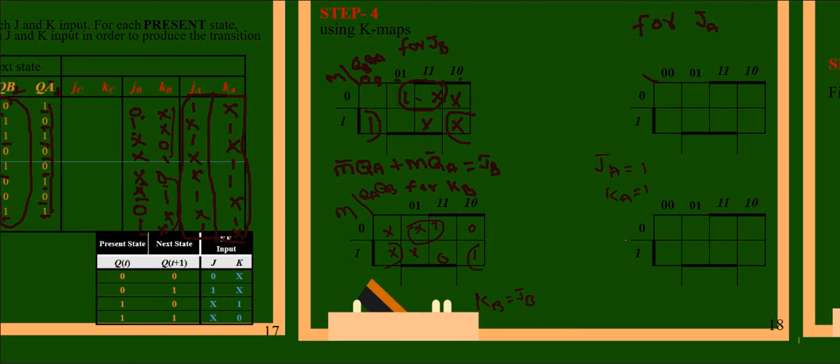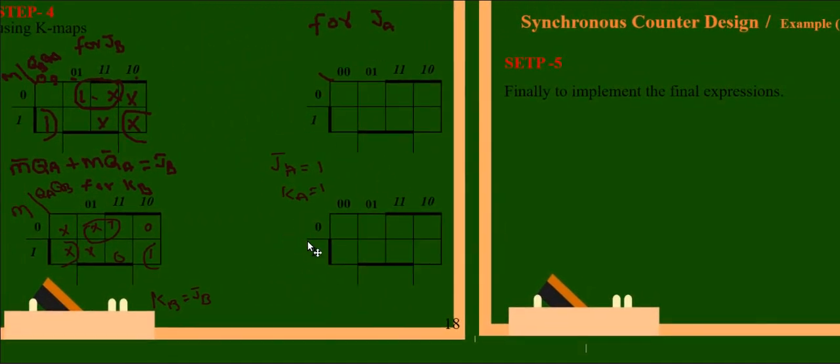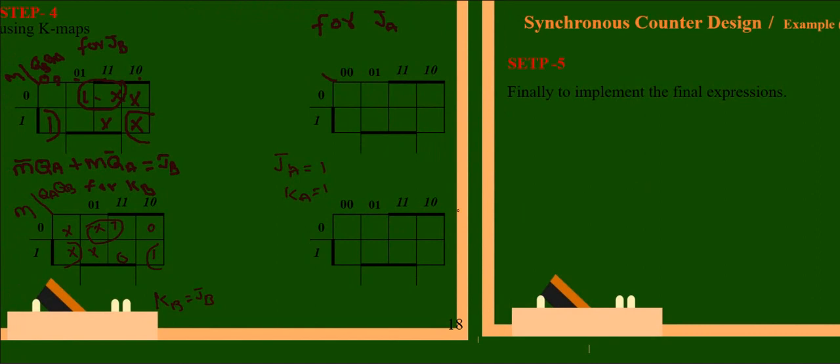When you do the drawing of this, two flip-flops are required. One is A, which we call JA and KA. Similarly we draw one more, JB and KB, with QB bar. For JB the formula is M bar QA, so take some input M and make it a bar whenever required.